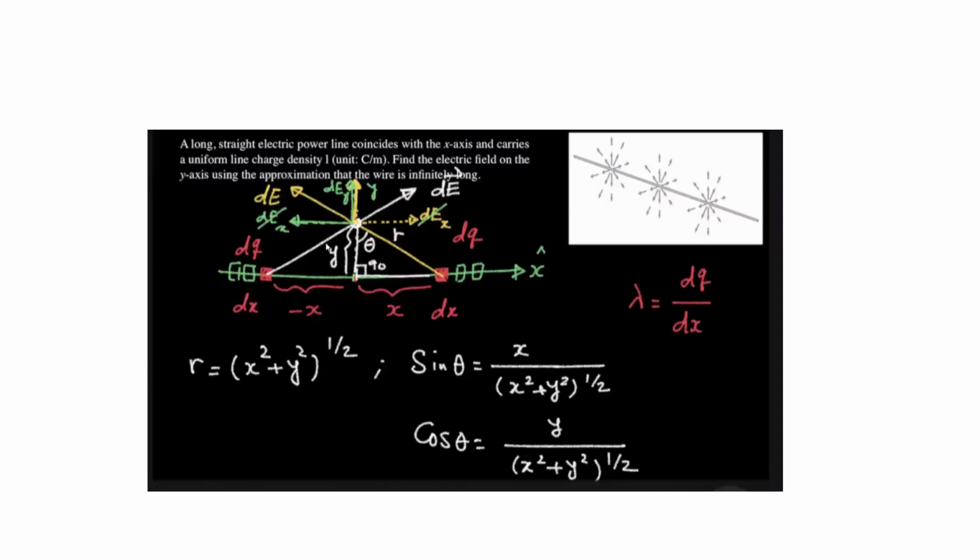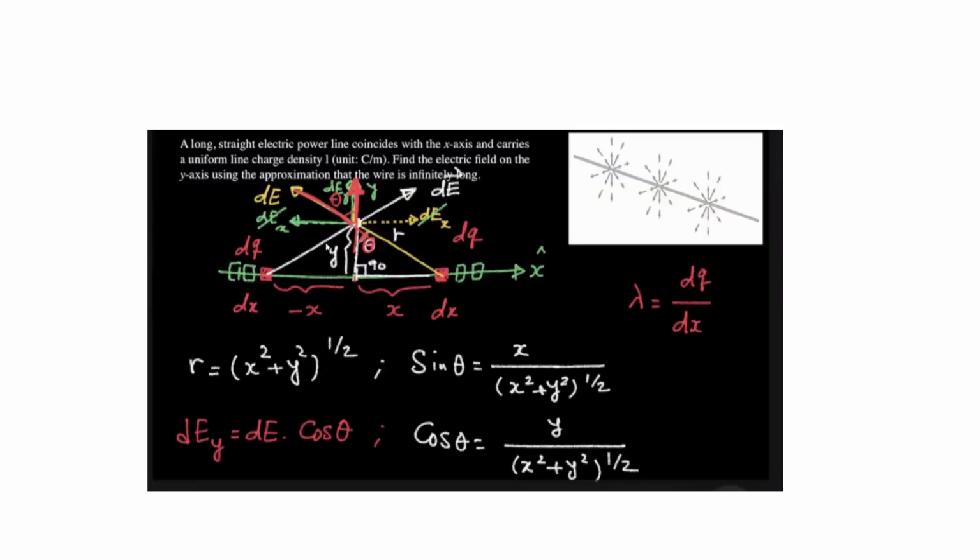Now let's just see how much that y component is. If this angle is theta, then this angle will also be theta, and this component would be dE cosine of theta. So dE sub y would be dE times cosine of theta. And that's why we needed to know what the cosine of theta is.